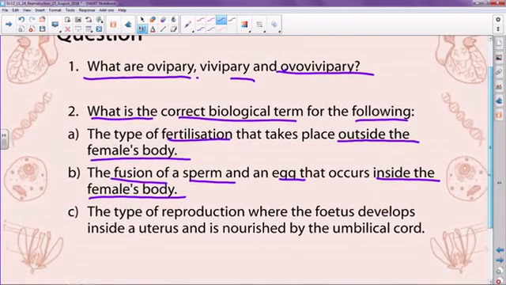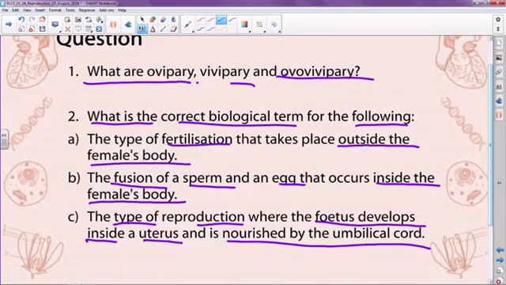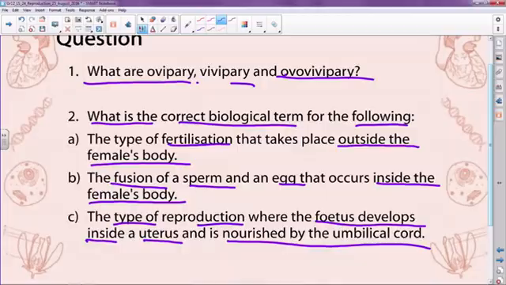And then the last one: the type of reproduction where the fetus develops inside the uterus and is nourished by an umbilical cord. It's actually five, but it's two questions. Well, four questions. I want you to give me everything you can, and I'm going to give you 3 minutes for it. Are you ready? Off you go.